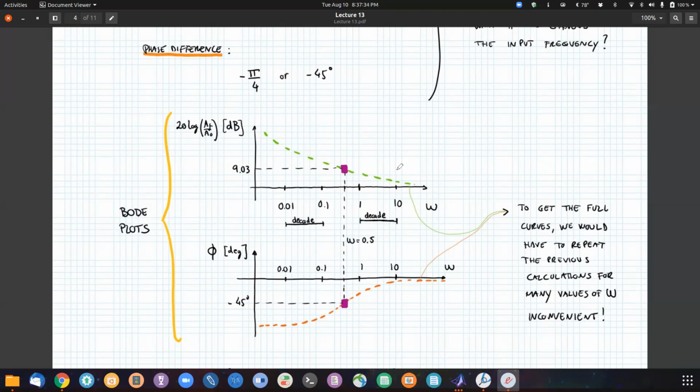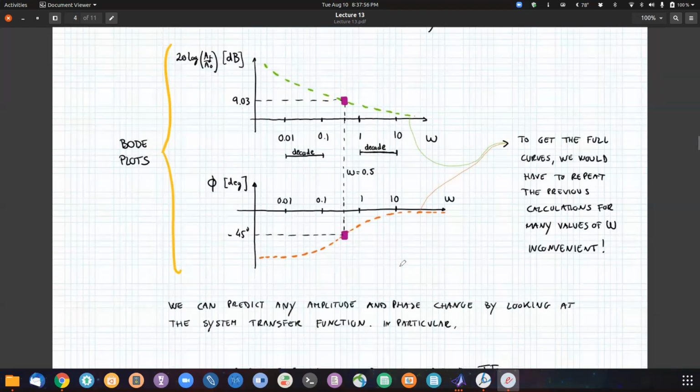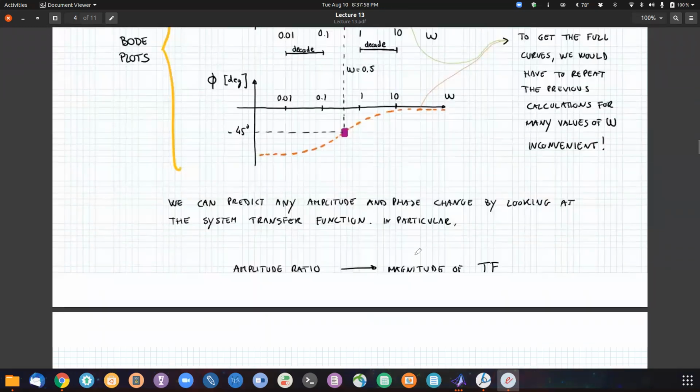So you have a bunch of points, and then when you connect all the points, you find the nice root locus branches. But we found a way to draw them without having to do such a routine. So we're going to find a way to create the Bode plots without having to do all the calculation over and over again. So that's exactly what we're going to see.